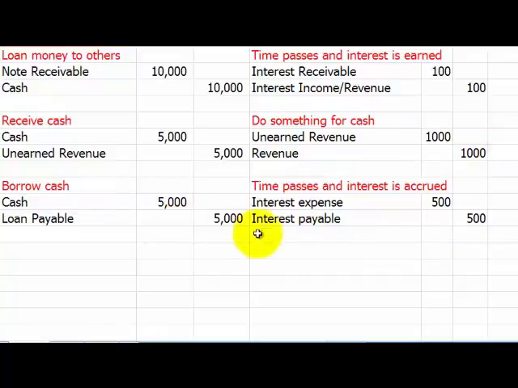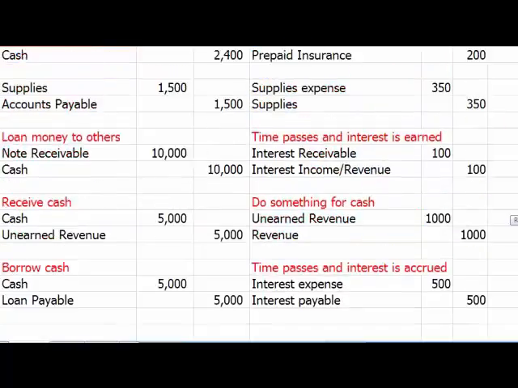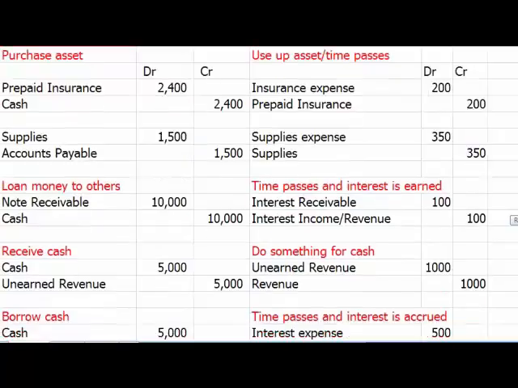So the whole point of accrual adjusting entries is to follow the matching principle and record expenses and revenues in the time period, the accounting period in which they are actually earned or used, not just when the exchange happens. So whenever the amount used or earned is a different time period than the actual exchange, you need to record an adjusting entry, and remember to do so.